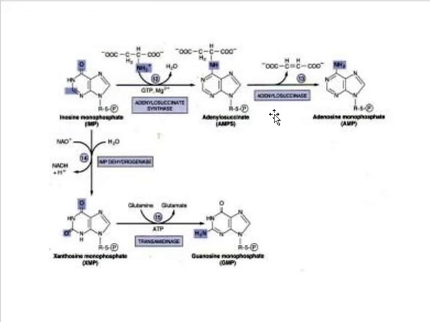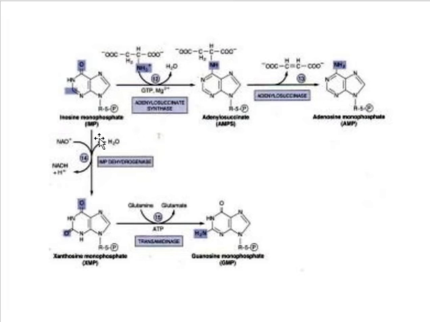So as a result of this reaction, this adenylosuccinate is converted to adenosine monophosphate. So this is a two-step reaction in which GTP is required for the synthesis of AMP.